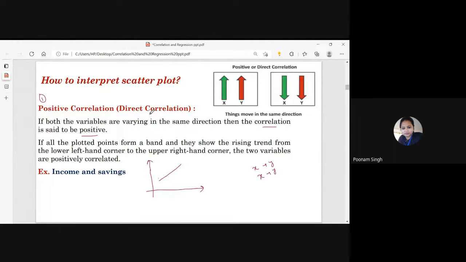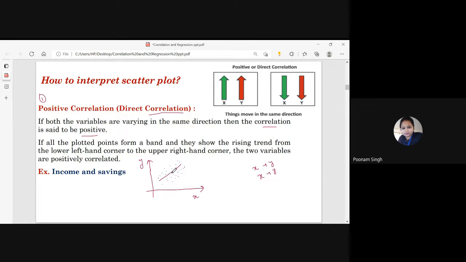Always remember that correlation tells the relationship between the two variables, but that is the linear relationship. Okay, correlation tells you the linear relationship between two variables. So let us imagine a straight line, and if your points are like this, if they form a band and they show rising trend from the lower left hand corner to the upper right hand corner like this, then we will say that the two variables x and y are positively correlated.